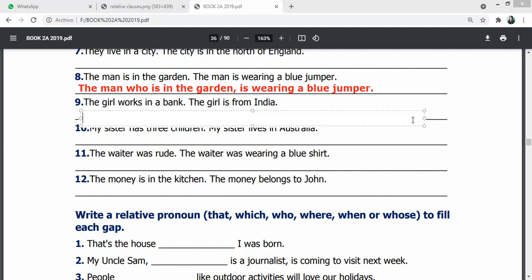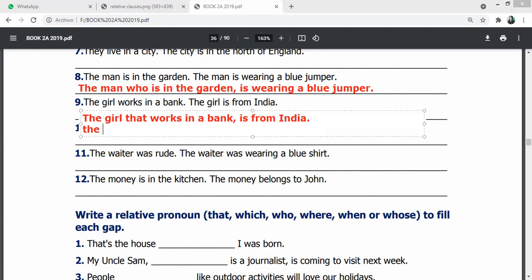We can say the girl that works in a bank is from India, or the girl who works in a bank is from India, or the girl who is from India works in a bank. So we can combine, okay? So look at the example. The girl that works, vamos a poner that. If you want to add who, you can do it. The girl who works in a bank is from India.